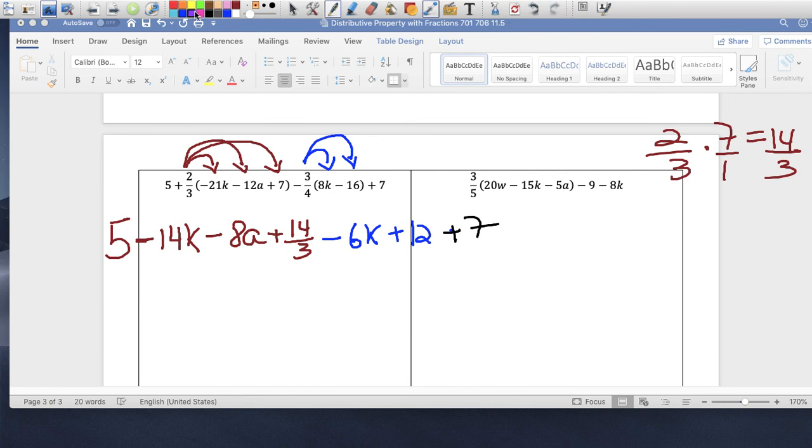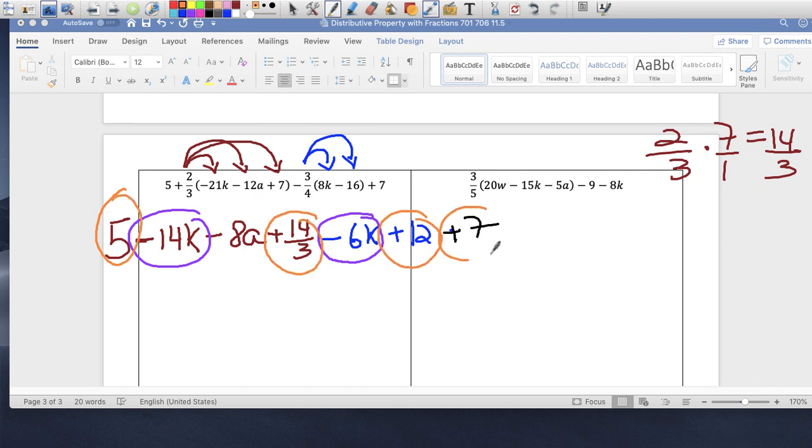So like terms, let's use purple. So we have this guy here. It's this guy. And then in a different color, we have a number, another number, another number, and another number. So all those are like terms. So let me put them in order.